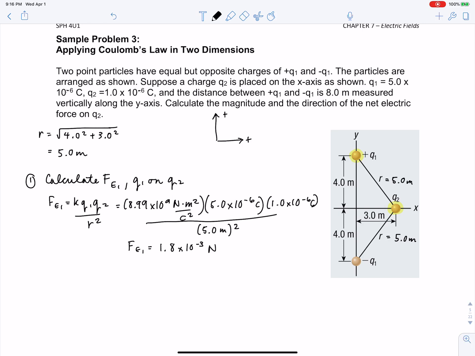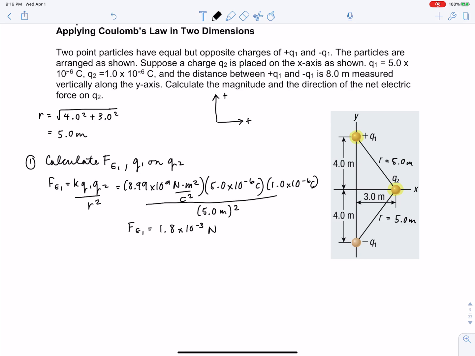Okay. Now notice the symmetry. Negative Q1 is the same distance, 5 meters from Q2. It also has the same magnitude of charge. So the magnitude of negative Q1 is also 5 times 10 to the power of negative 6.